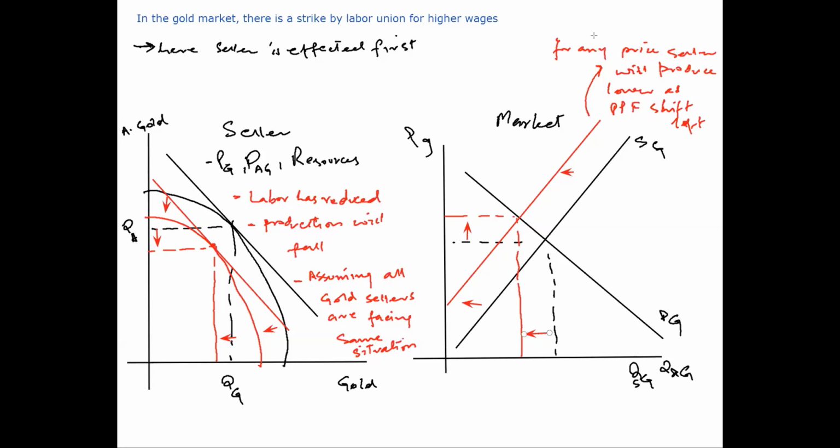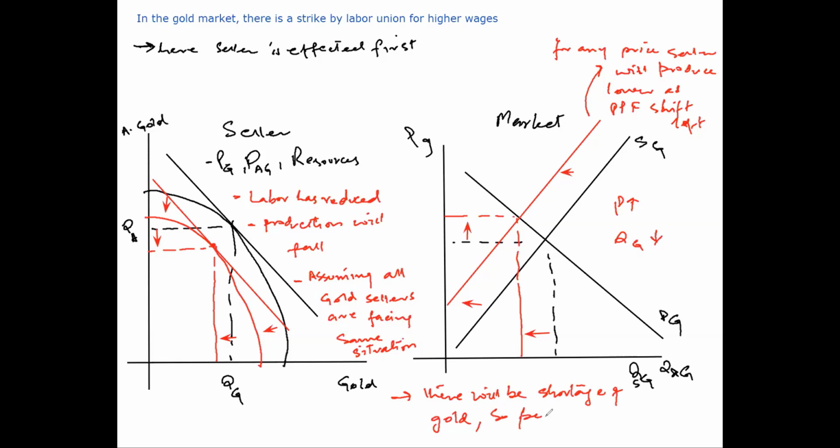What does it mean? It means prices increased and the quantity of gold decreased. So the conclusion is that because of such an event, there will be a shortage of gold as it is being produced in a lower quantity.